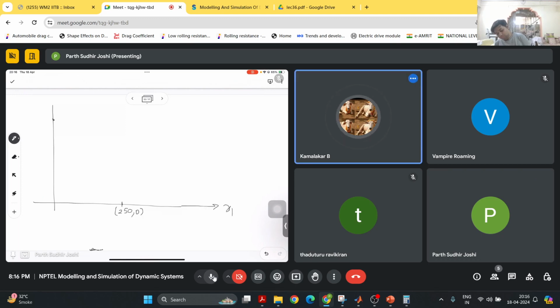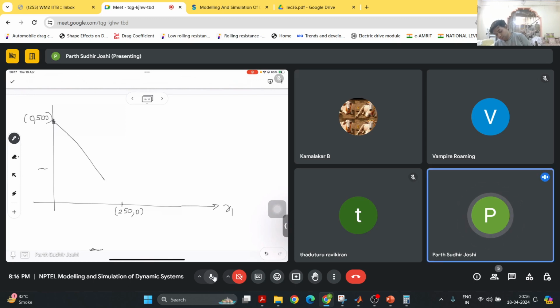We have put x equal to 0 and got the y value, and similarly put y equal to 0 and got the x value.